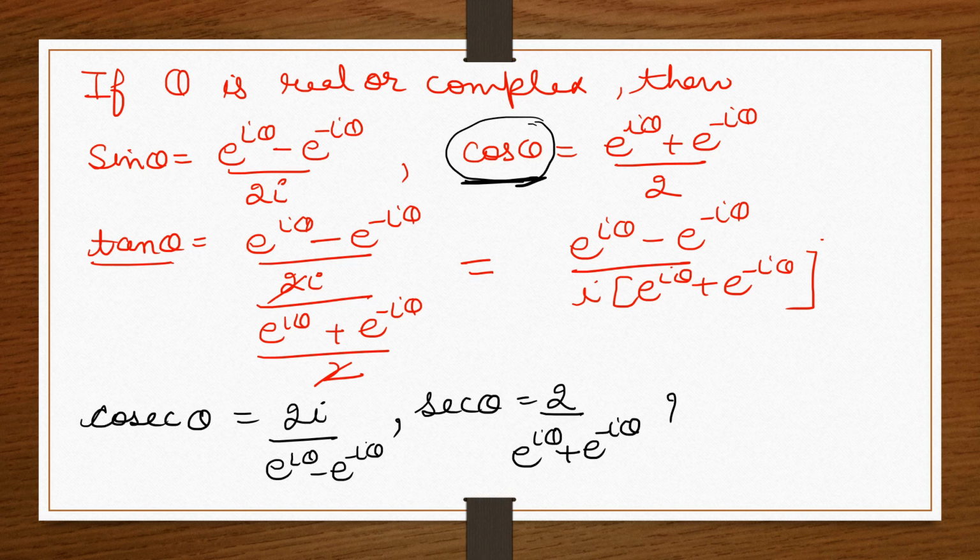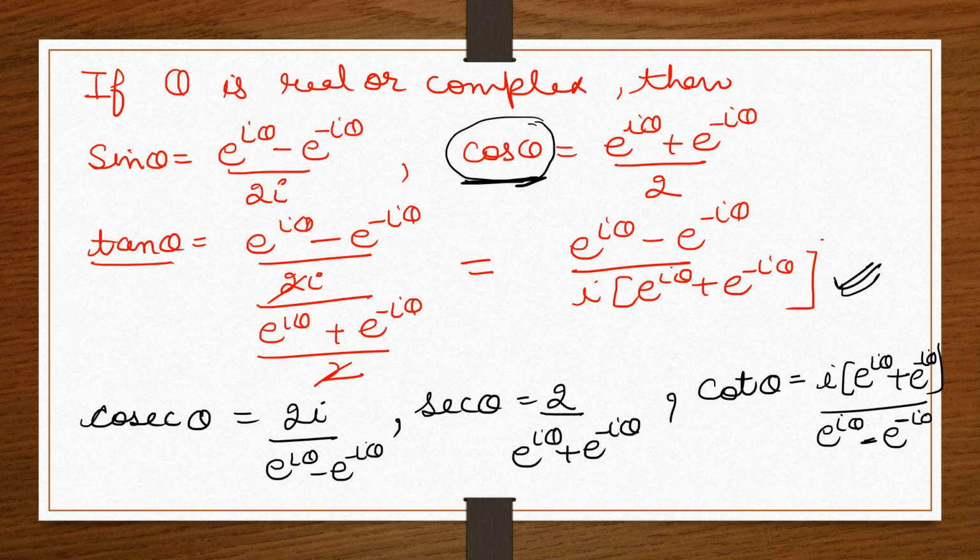And if I ask you the value of cot theta, it is the reciprocal of tan, so iota times e power iota theta plus e power minus iota theta over e power iota theta minus e power minus iota theta. These are the values of all the trigonometric or circular functions in the form of exponentials.